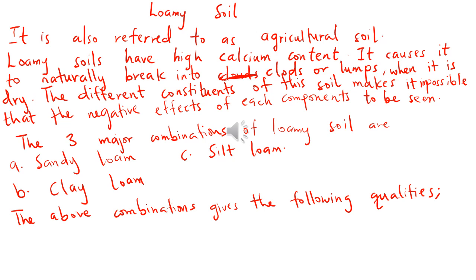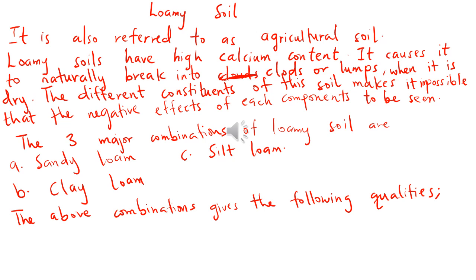Realize that I've left a space. The above combinations give the following qualities. One, good water holding ability. Two, sufficient aeration. Aeration is soil air; I've said it several times. Three, adequate nutrient retention. Four, it encourages the activities of soil organisms.